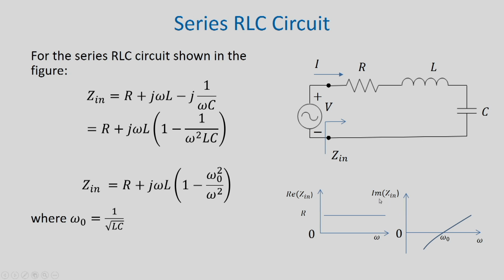So, if we plot the imaginary part of Zin, here at omega equal to omega naught, the resonant frequency, the imaginary part of Zin becomes 0.